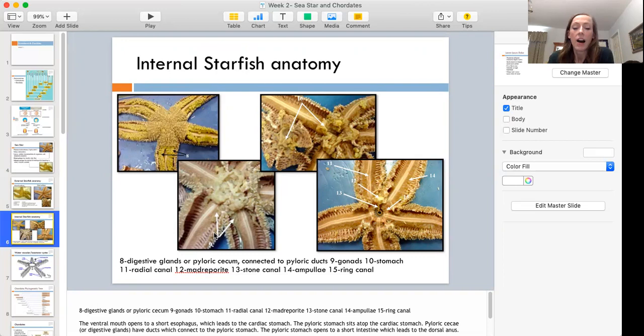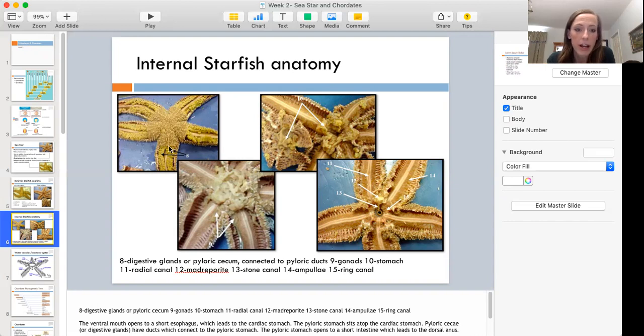Okay. All right. So moving on then, we will look towards the central disc now. In this area, this is where you're going to see the stomach. As we mentioned, sometimes a portion of the stomach can actually protrude through the mouth on the oral surface. But we're looking at the aboral surface right now. We're looking at the top side or the dorsal side of this organism.